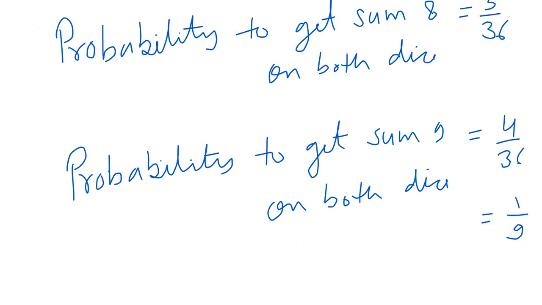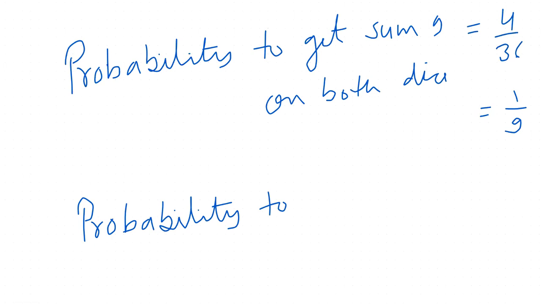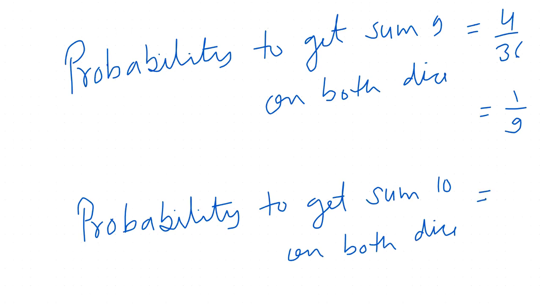Now let us find next probability to get sum 10 on both dice. 4 comma 6, 6 comma 4, or 5 comma 5. So we have 3 outcomes.